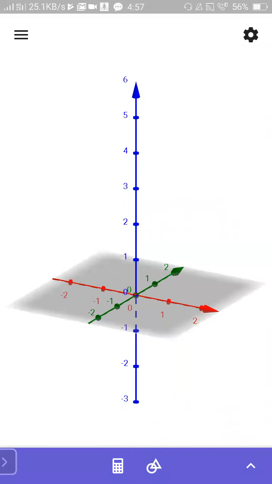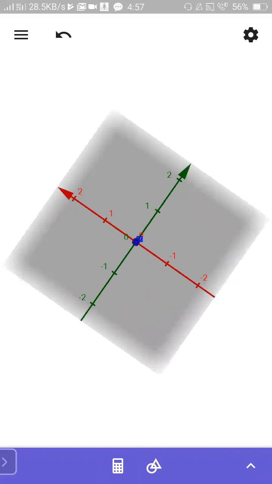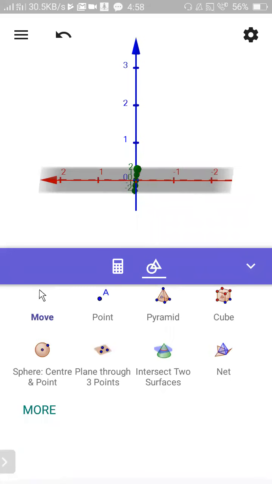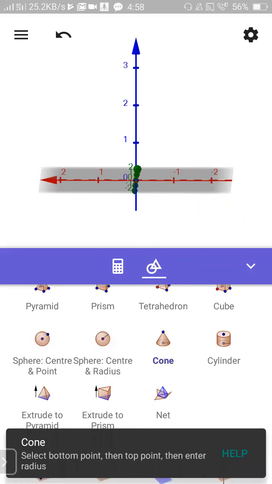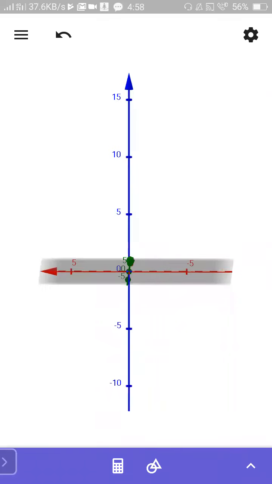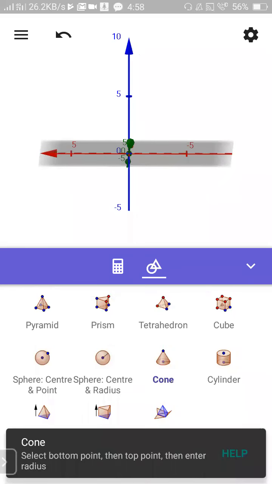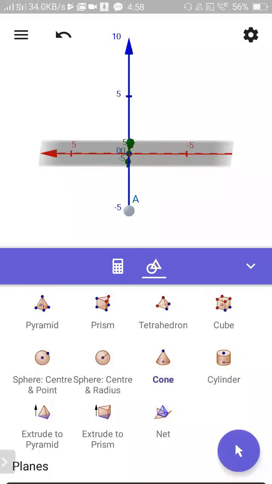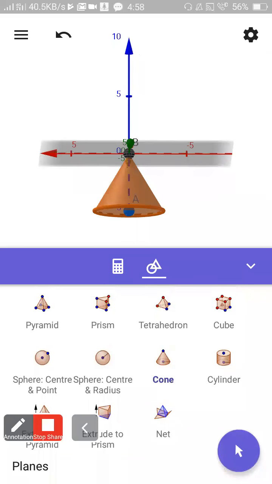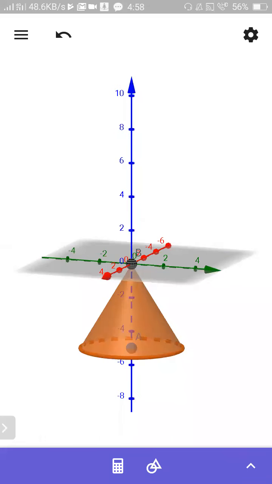Then, okay, now once my theta increases, my diagram will look like this, sir.